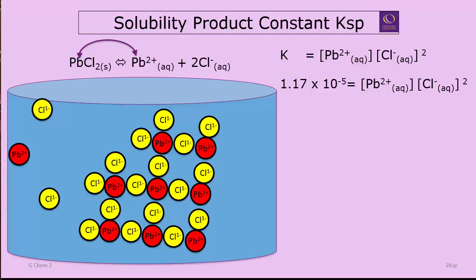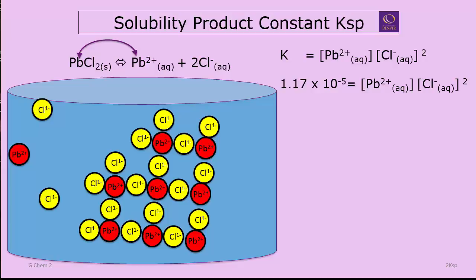So our goal is to figure out exactly how much lead dissolves. That's why we call it the solubility product constant. And one thing I'd point out is that the number of lead 2 pluses that dissolved are stoichiometrically related to the number of lead chloride salts that disassociated.